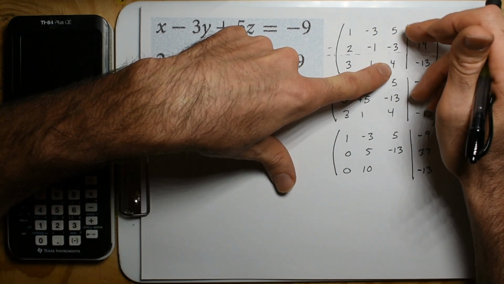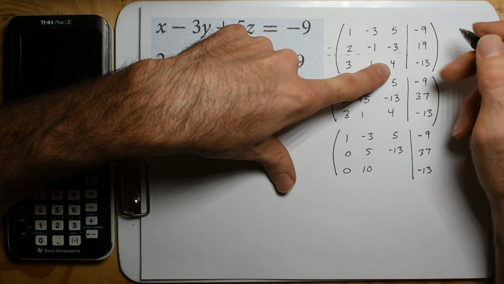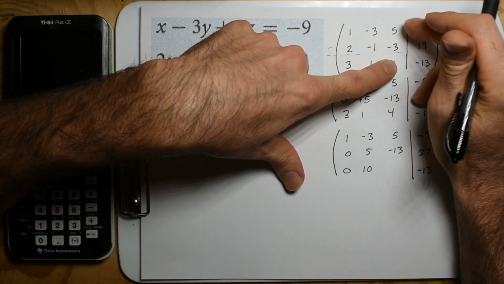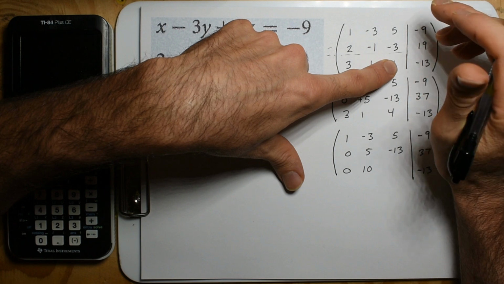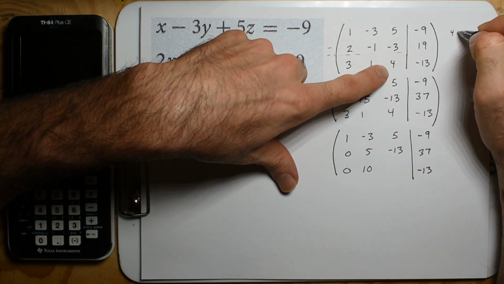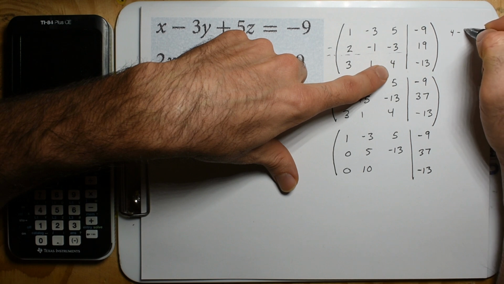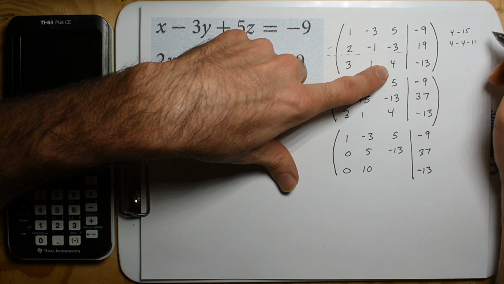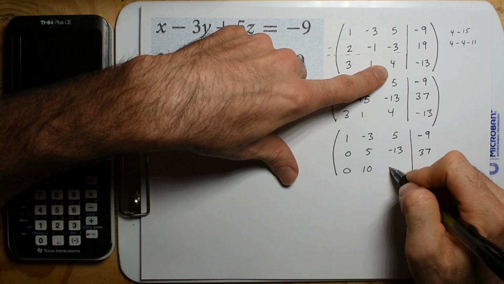If it was 5 minus 15, positive 5 minus 15, that would be a negative 10. But let's write this out. So we have 4 minus 15, which is negative 11. So sweet. So we're going to have negative 11.